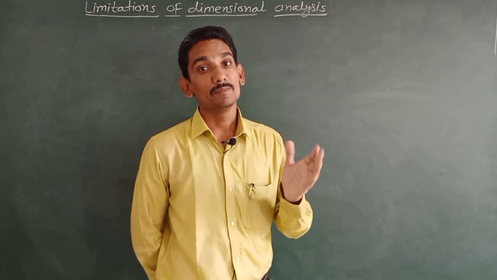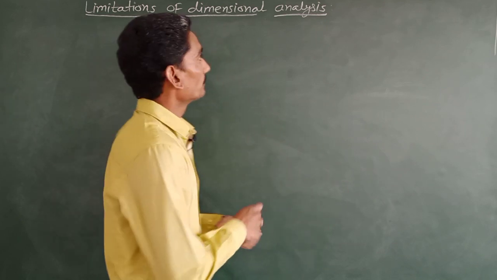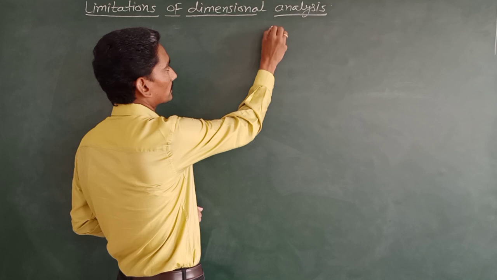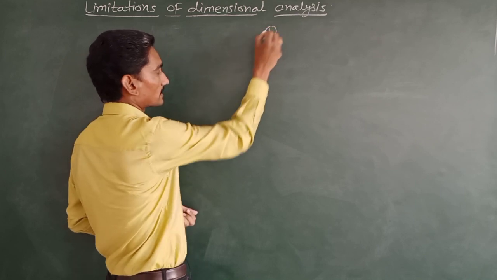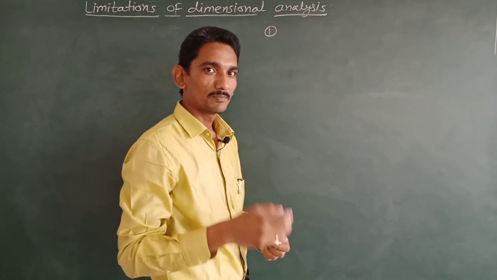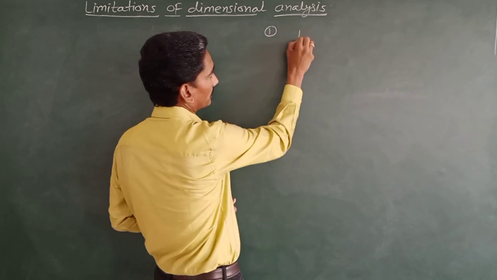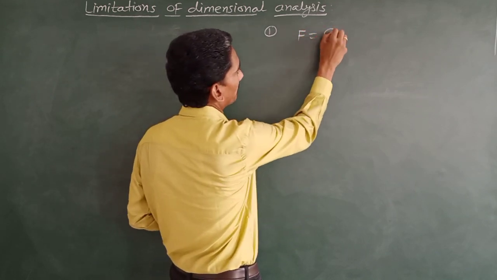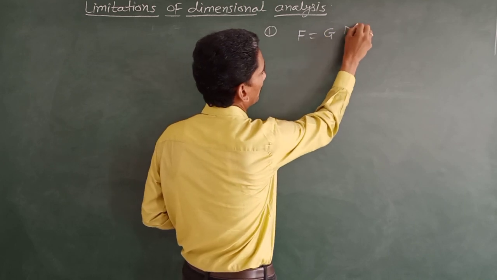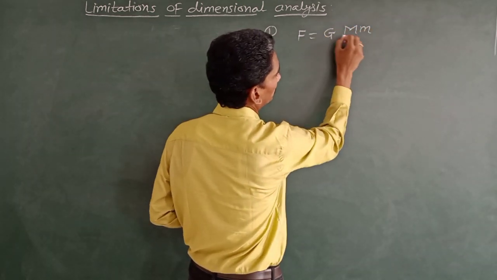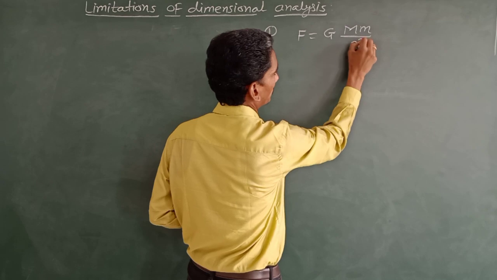So what are those limitations? The first limitation, for that purpose we are going through an example: F equals G M m upon r square.